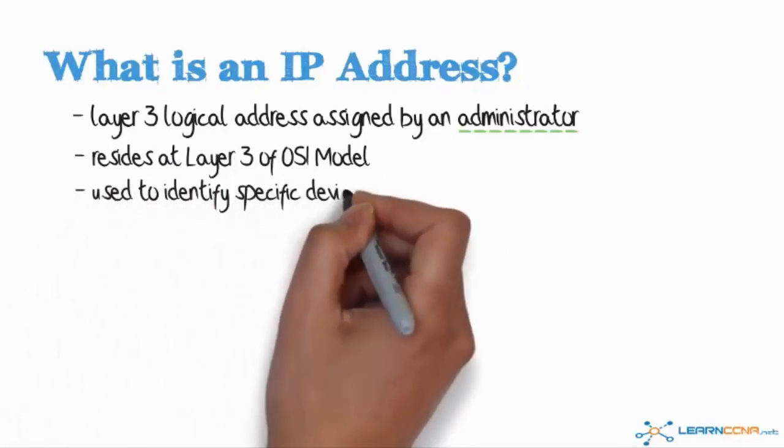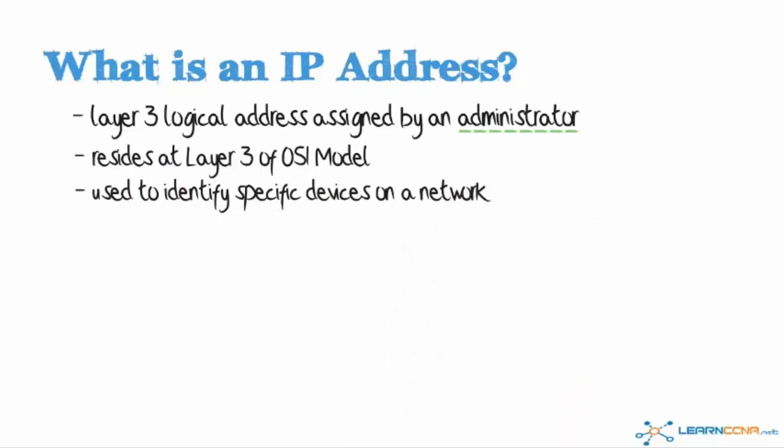An IP address is used to uniquely identify a device on the network and is used by routers to determine where that device is. So a router routes traffic to a destination IP address based on a hierarchy of network and host, which we'll talk about in a moment.